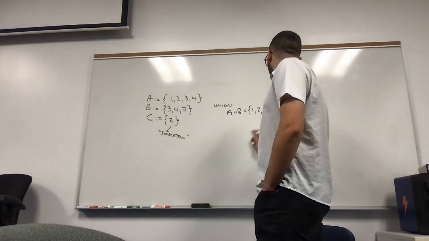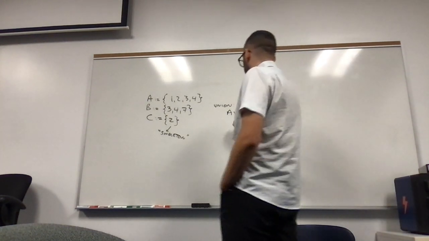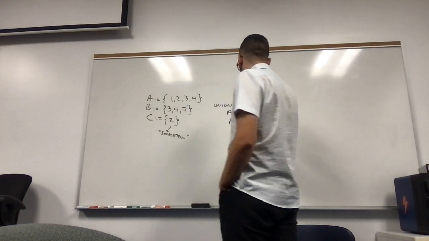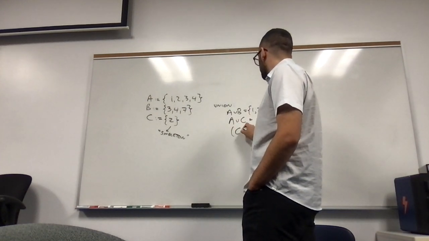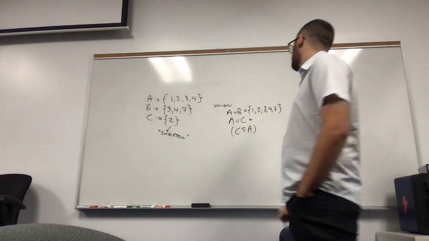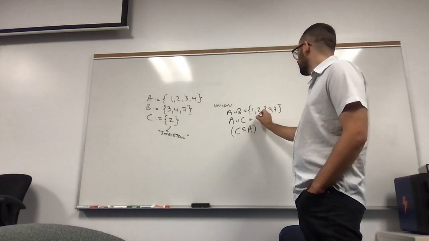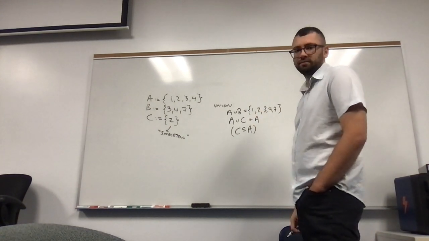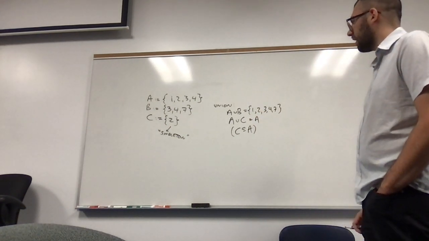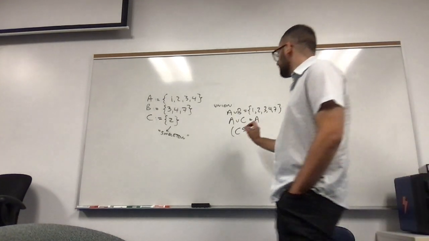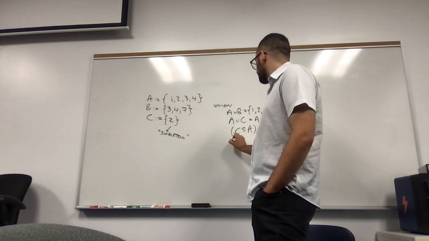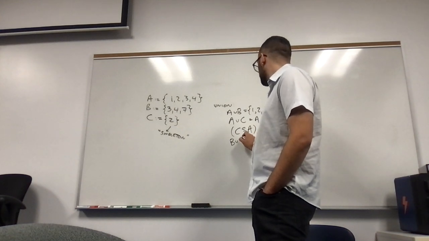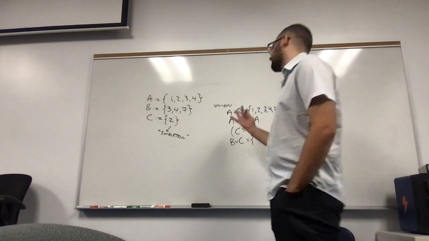What about if we look at subsets? What do we get when we get the union? So if we do A union C, now remember that C is a subset of A. So when we do A union C, we actually just get A, right? I'll let you logic that out, you get A. And the union of two disjoint sets, we actually just get the two sets put together, right?